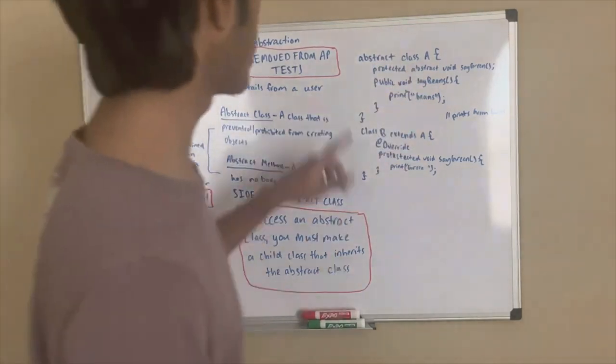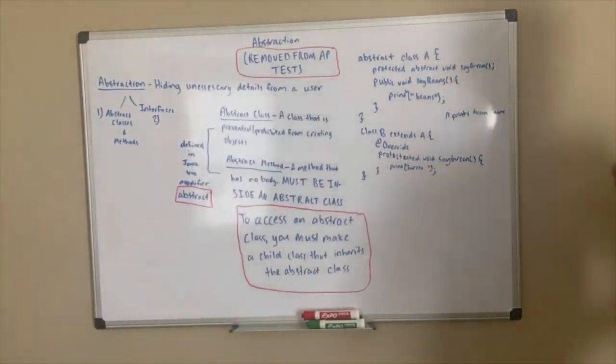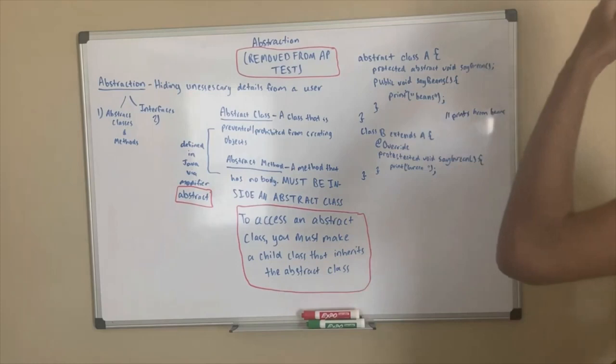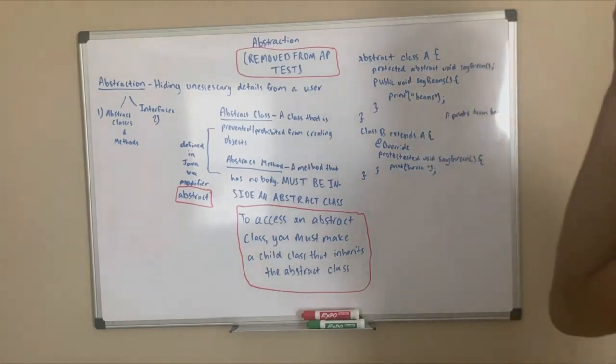So we nail it down, come back here, we revise it. We have our class A, and then we have our protected method, call it say green, and then we have a regular method that is beans, so we didn't have to override that in our child class because it's not abstract.